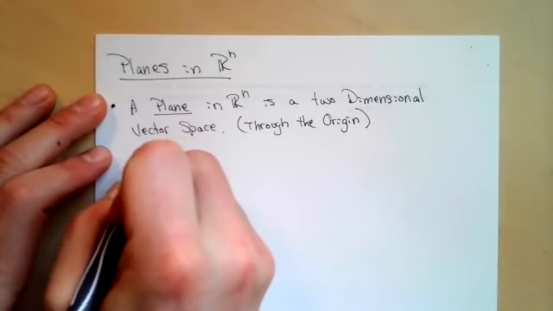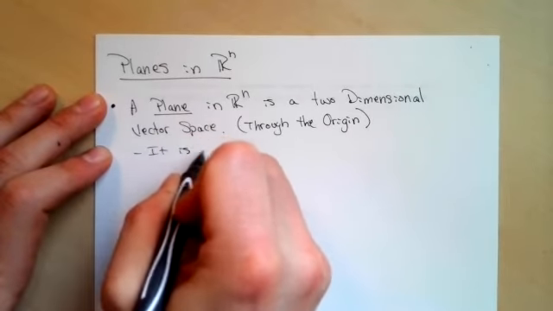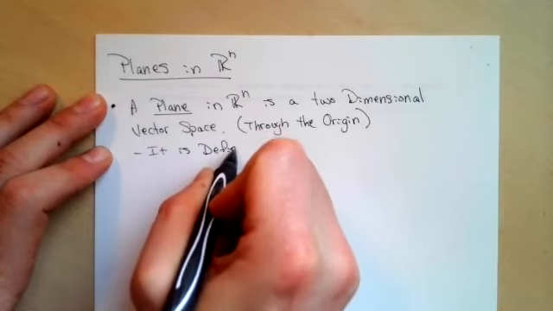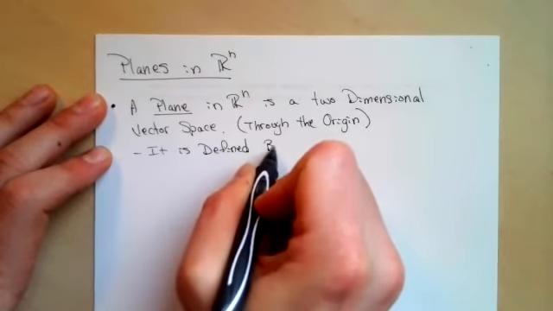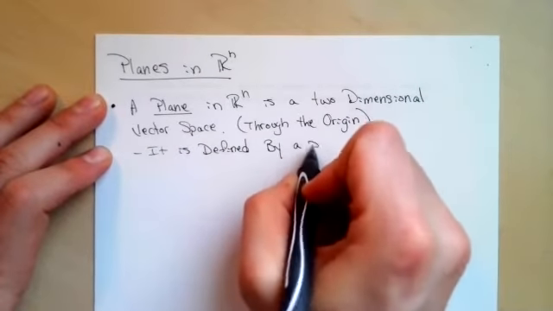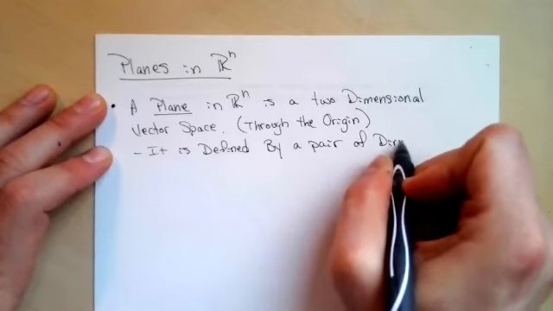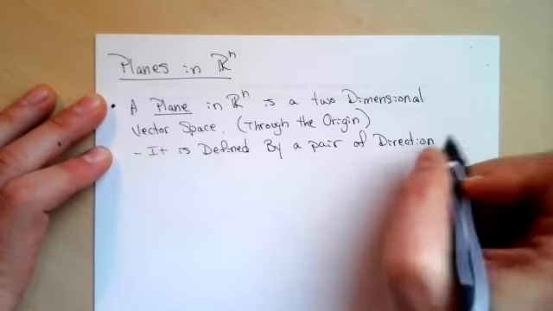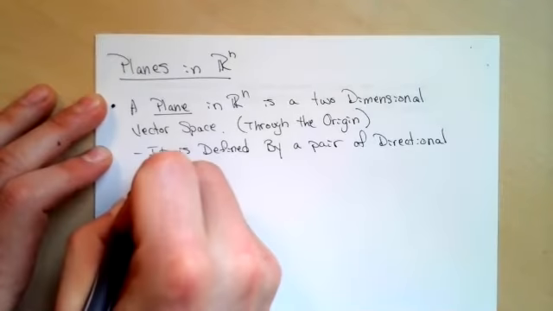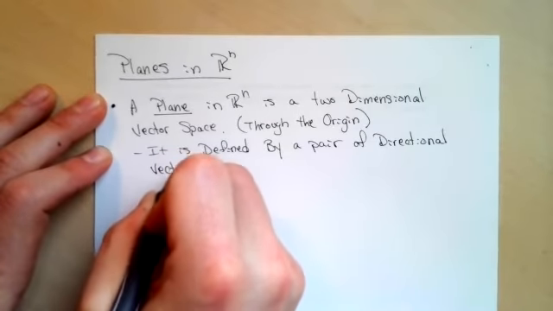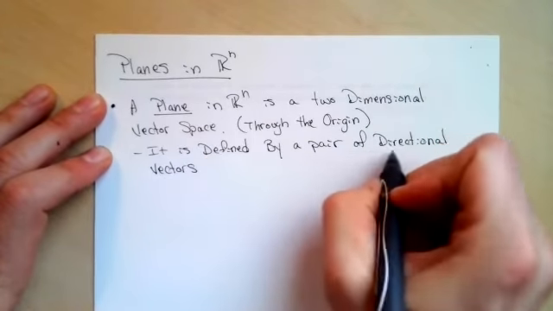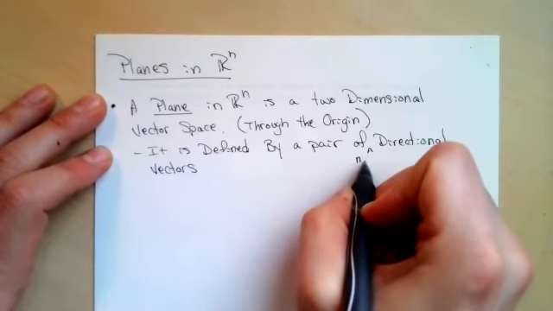Geometrically, it is defined by a pair of directional vectors, and we should specifically say non-zero.